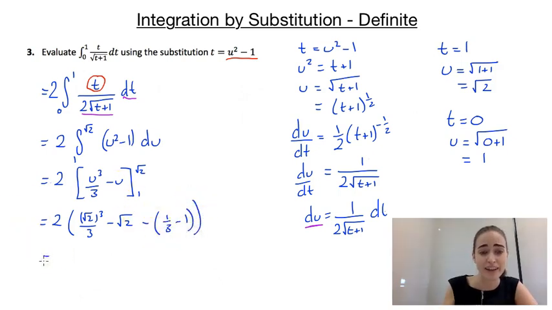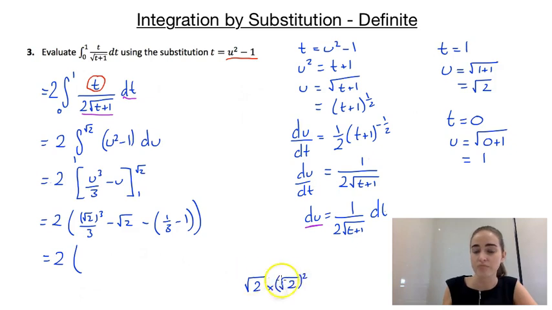So now I want to simplify that down. So I'm going to have my 2 out the front. Now this root 2 cubed, I'm just going to write this down the bottom for a second. I could write that as root 2 times root 2 squared, because timesing together we'd add the powers together to get root 2 cubed. But root 2 squared is just 2, so I can write that as 2 root 2.